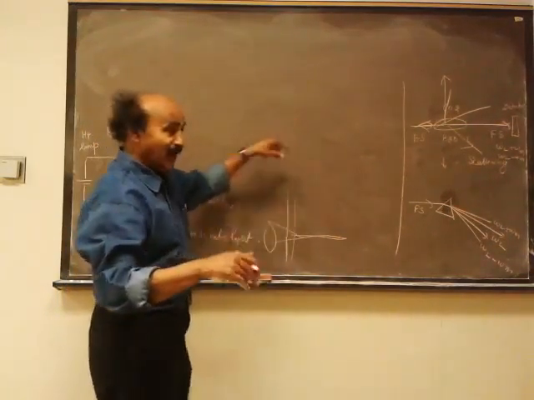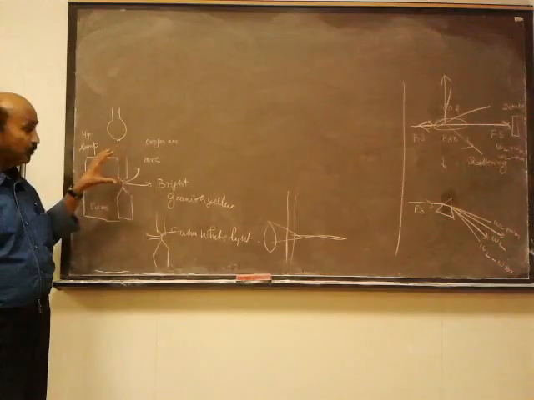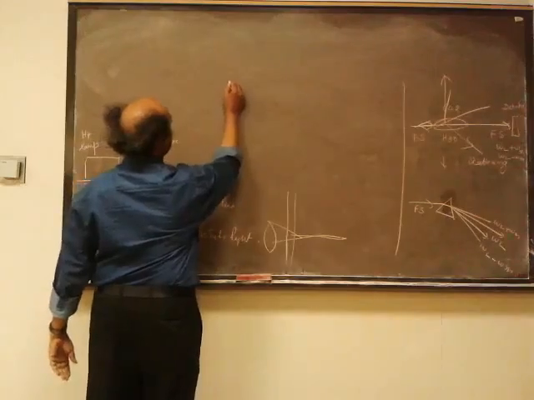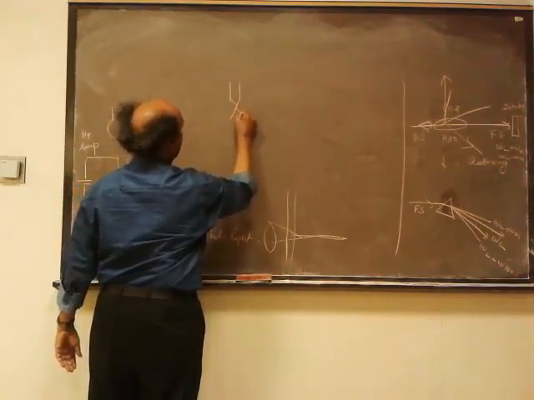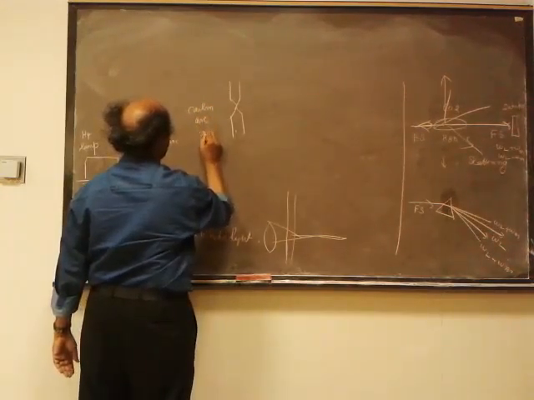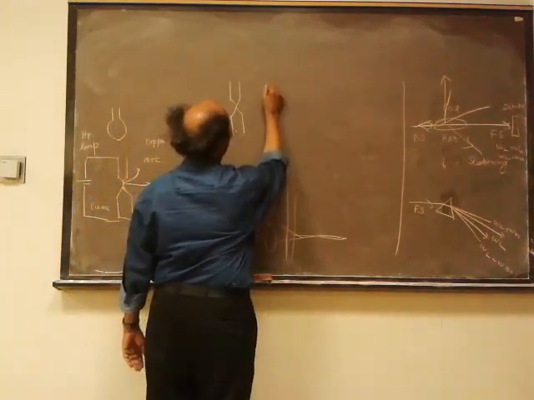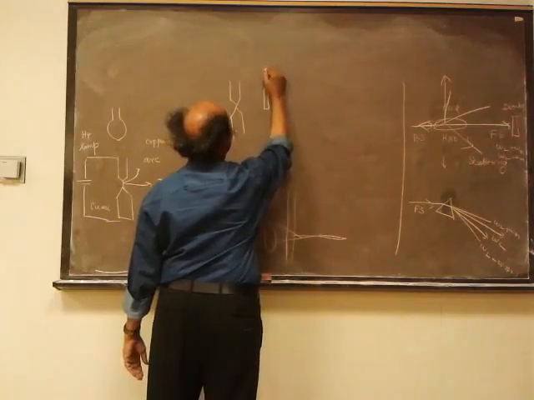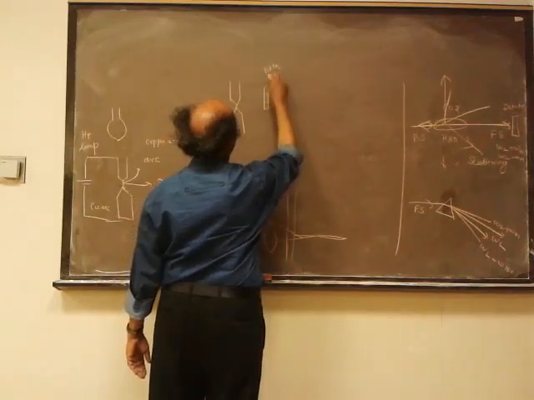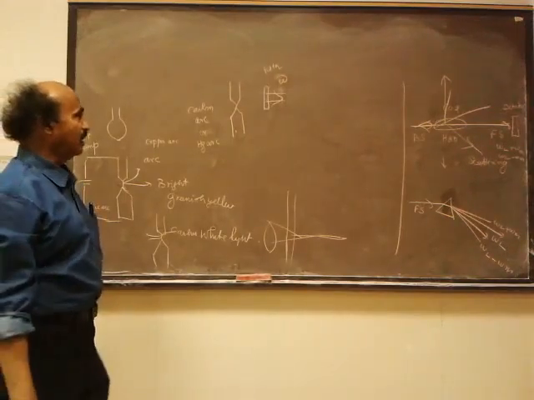Now, Raman made use of this idea. That's why I am interested. Raman took this lamp, a carbon arc or mercury arc. Then put a filter. Then you have very intense light at frequency omega.